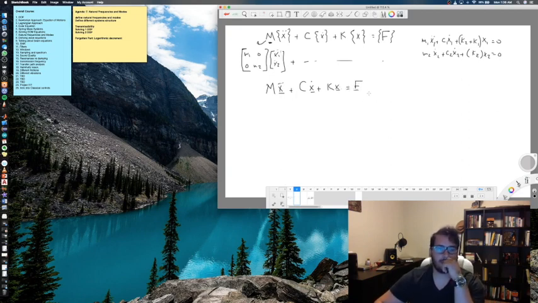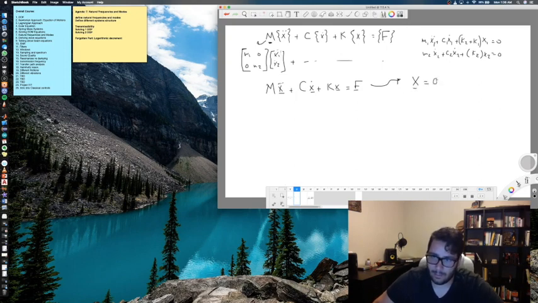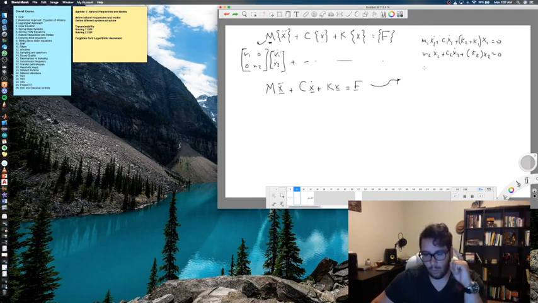Okay, well, if I want to generalize this even more from a solution perspective, I'm going to come and say, okay, my x is equal to an a cosine of some omega, right? So I'm going to call this omega n, because obviously, like I said, we're going to have one natural frequency per mode, and one mode per degree of freedom as well.